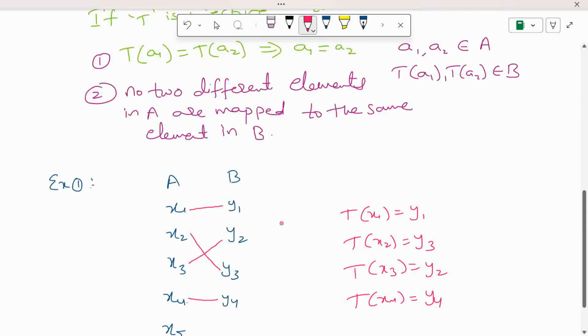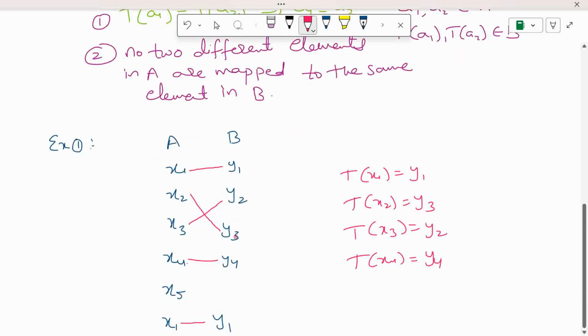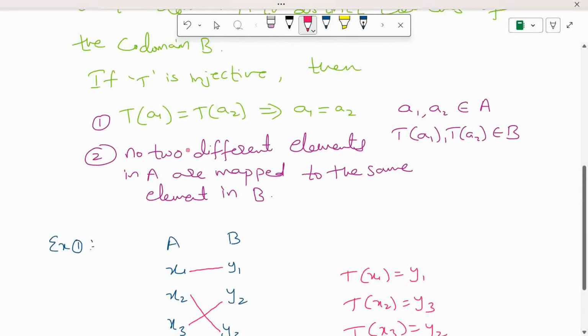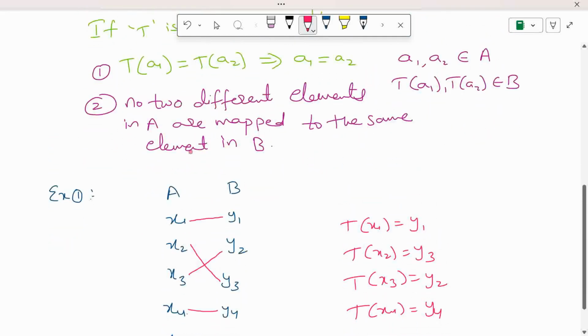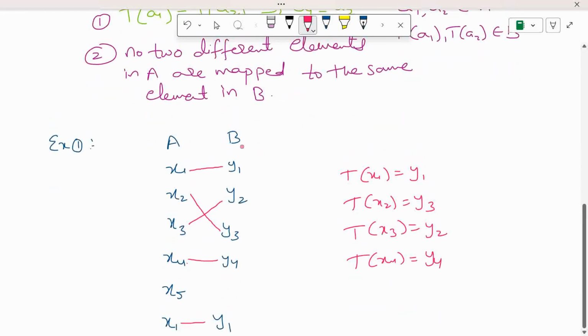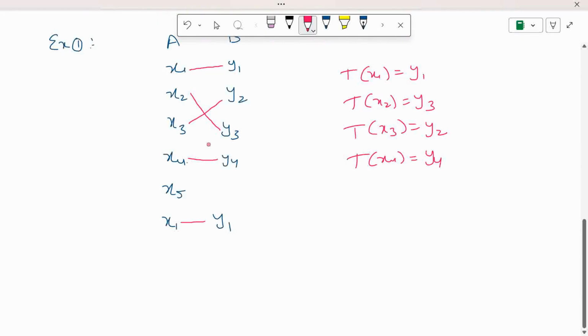So in that case, the first condition is also satisfied here. I will explain in another example where the first condition would not be satisfied. Means an example where first condition may not be satisfied.